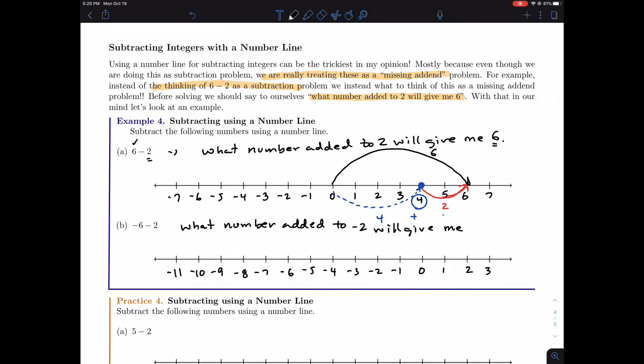Let me erase that. I was looking at the subtraction sign. What number added to +2 will give me -6 as an answer. So again, first step is we want to draw our answer first. So in this case, we want to draw a big arrow going from 0 back to -6.